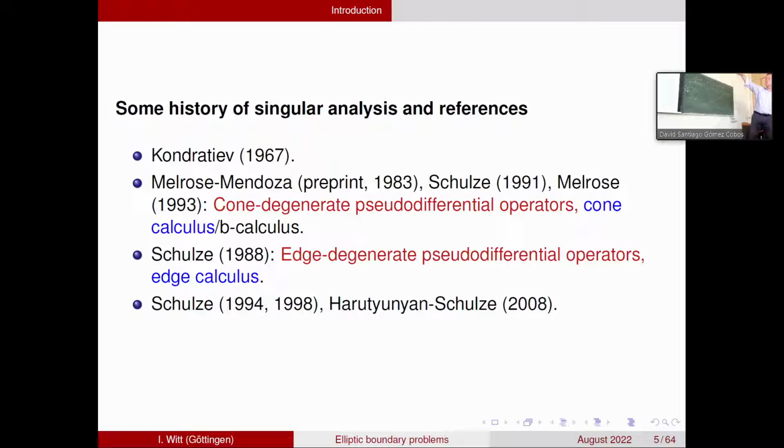He also had these cone-degenerate operators, and there were earlier publications, but in the form of a monograph it was just in '91. And then he has edge-degenerate operators in an article of '88. Then this led to the edge calculus.